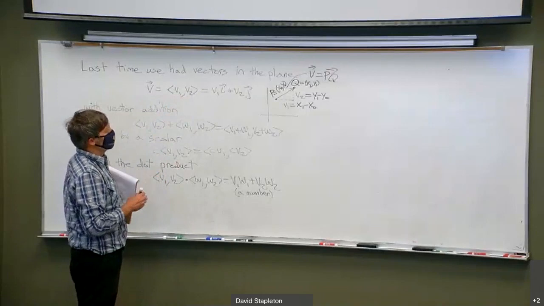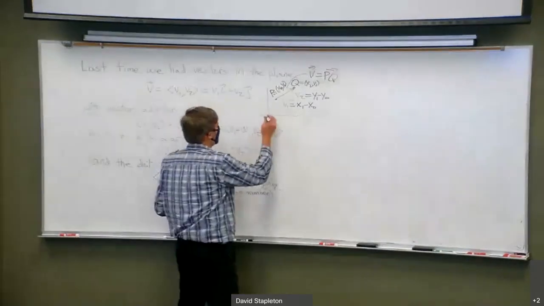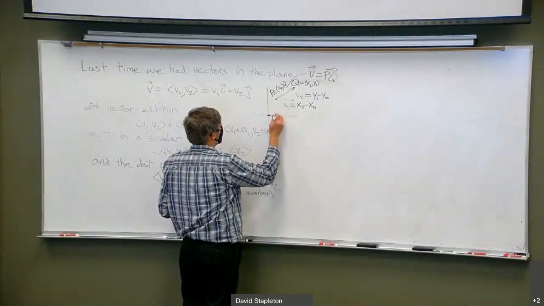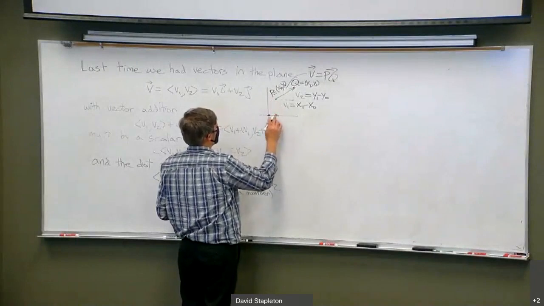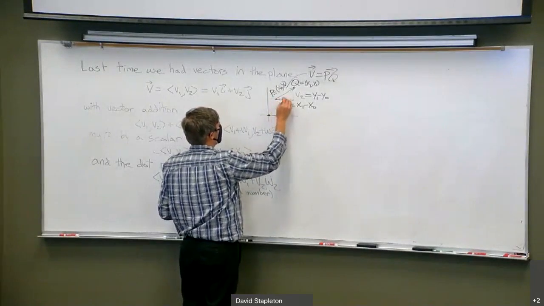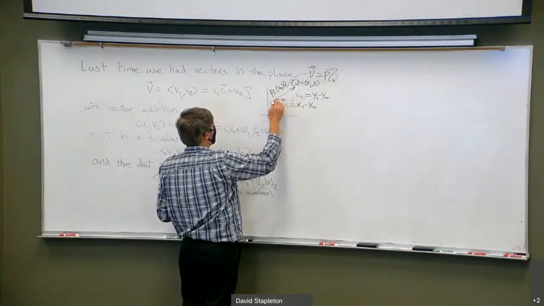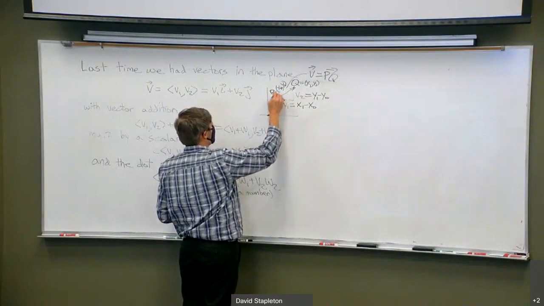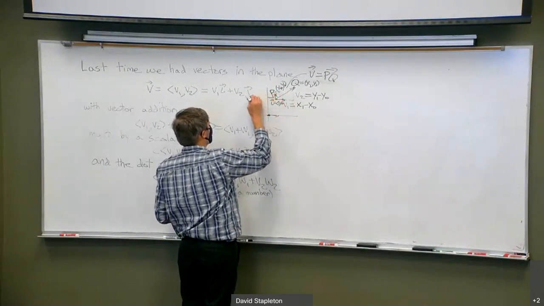So we write V equals V1, V2 in terms of its displacement. And then we said we also introduce these additional vectors: I, which is a unit vector, you can put it here or you can put it up here. Let's put it up here this time. I is 1 unit long, and J is 1 unit long vertically.